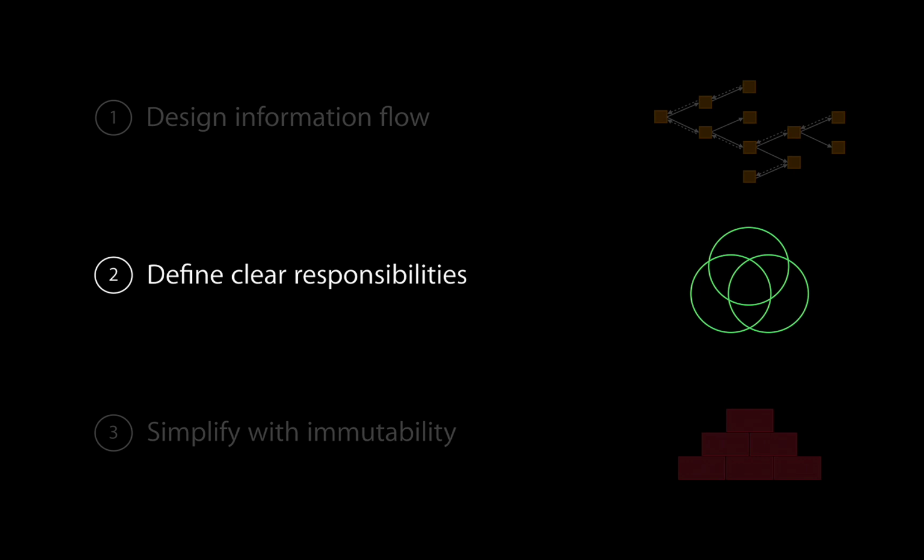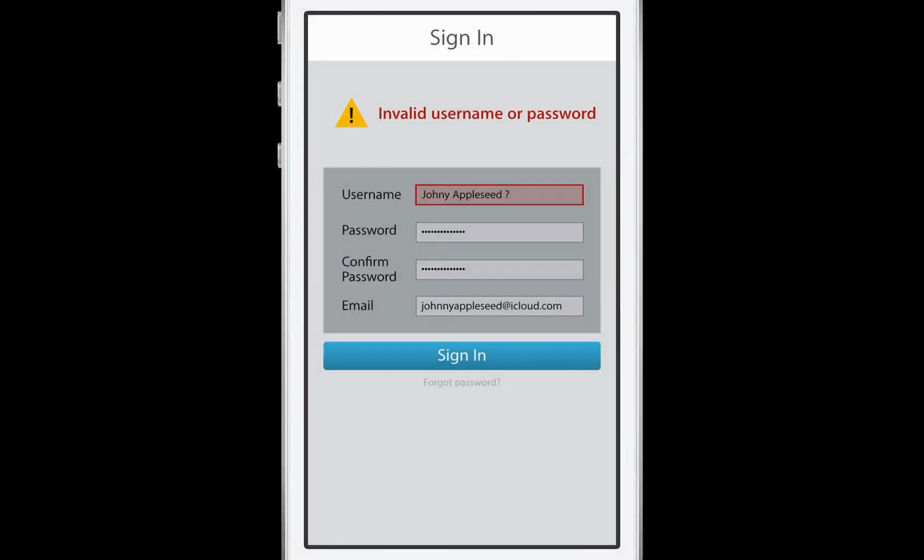In this next section, I'm going to show you how to identify and tease apart responsibilities in your application. Let's start with an example. Form validation. We've all at least used a form like this. Many of us have maybe implemented one.